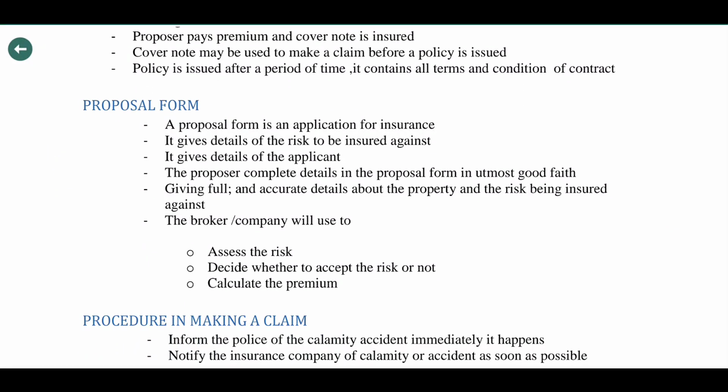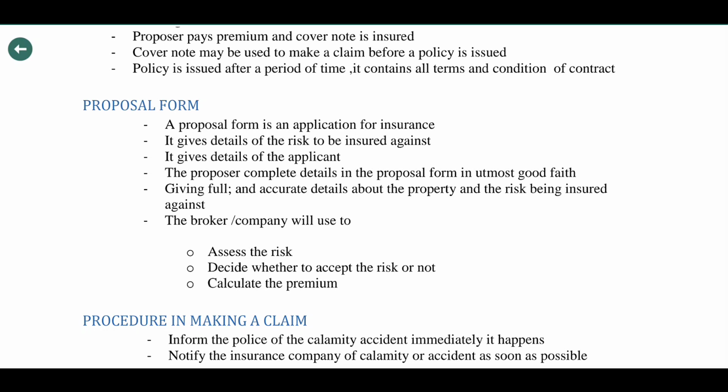A proposal form, like I explained, is just an application for insurance. It gives the details of the risk to be insured against. Not only this, but also it gives the details of the applicant, your name, nationality, NRC, and any other credentials.